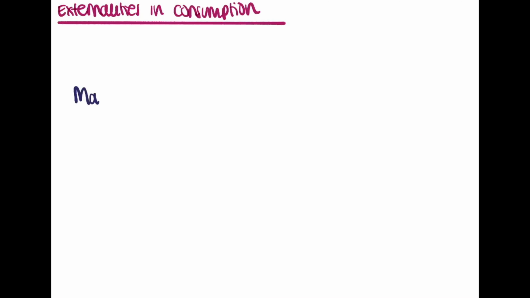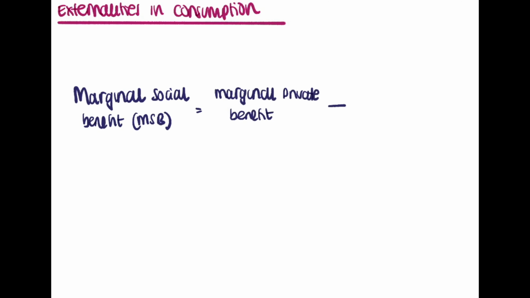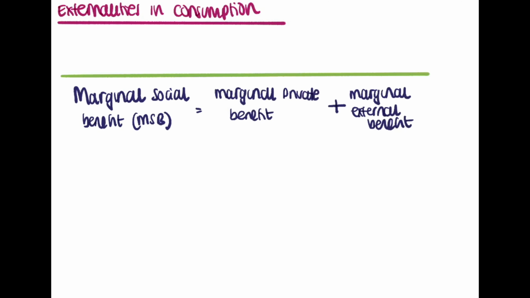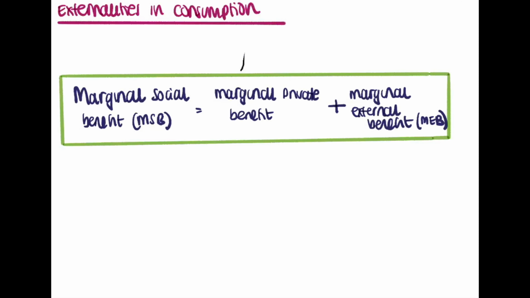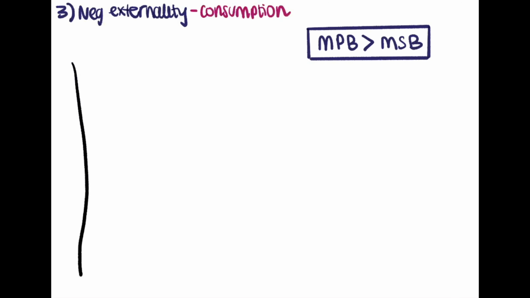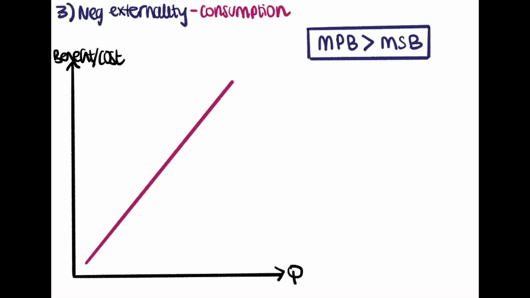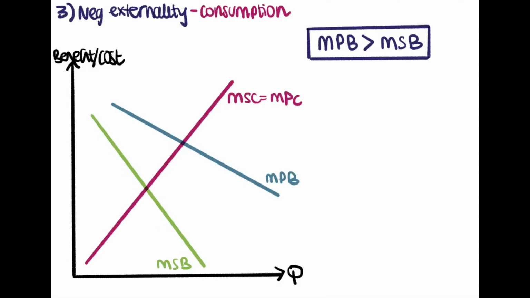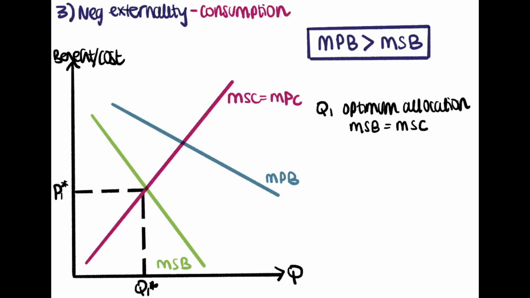Now let's move on to externalities in consumption. We refer to the formula marginal social benefit equals marginal private benefit plus marginal external benefit. The graph for negative externalities in consumption is when marginal private benefit exceeds marginal social benefit, and Q1 is the optimal social allocation.